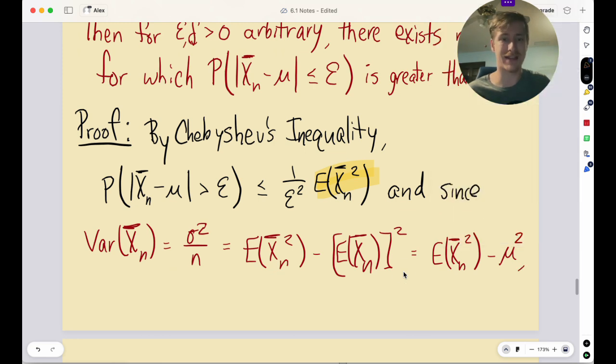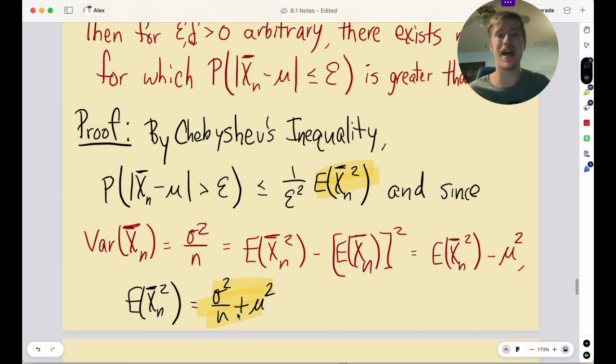So adding this to both sides, we get that the expected value of xn bar squared is equal to sigma squared over n plus mu squared.